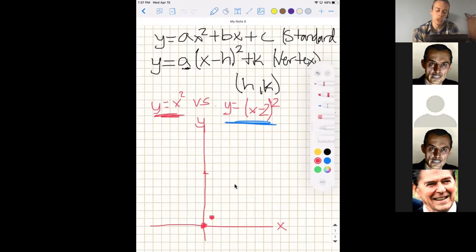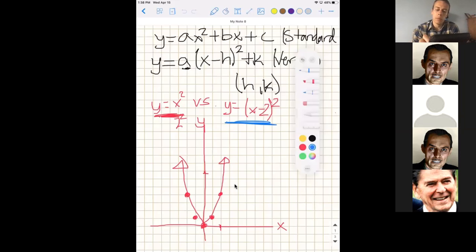If I plug in 2, I'd get 2 squared, which is 4. And if you plugged in -1, you'd get 1 also. So our graph would look something like this. If you want, you could do it with input-output tables. Our red graph is y equals x squared.